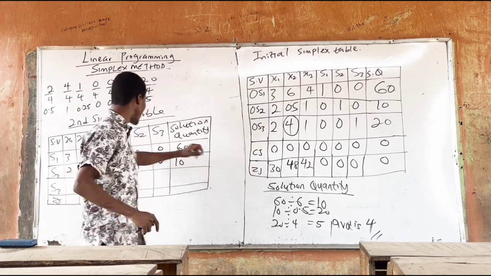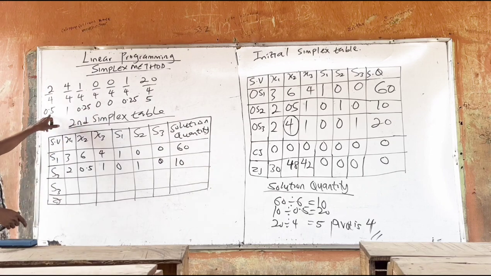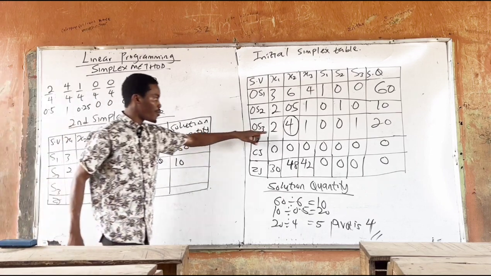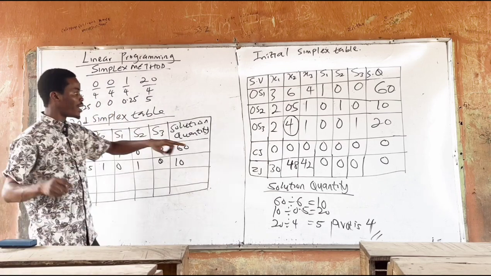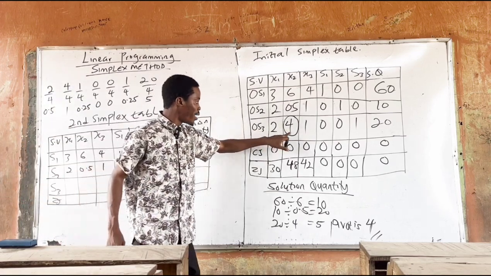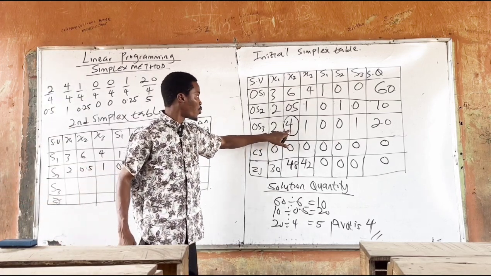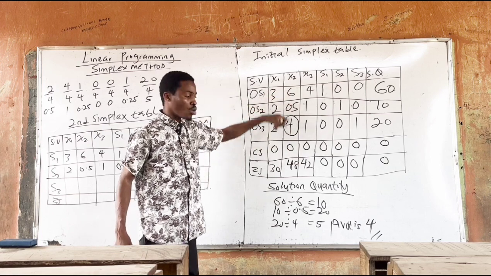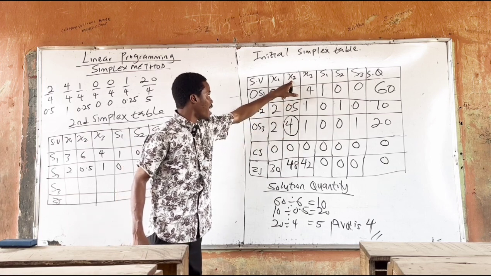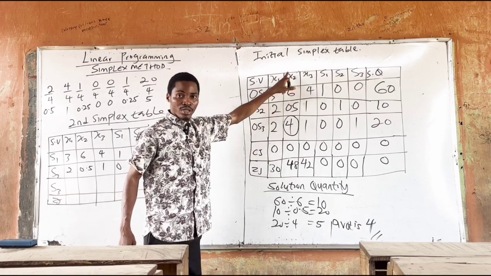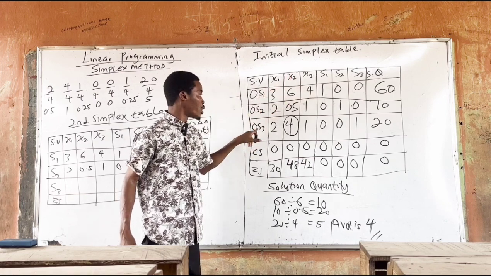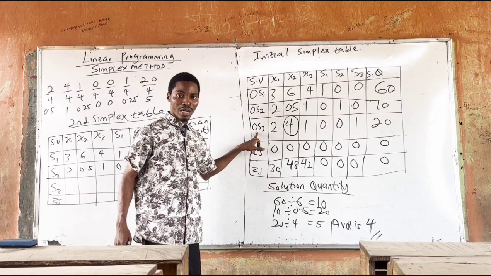My new pivot element is this. So I have to replace this pivot element, when I divide it by 4, by this element. So remember, this is S3. Where did the pivot element fall? It fell on the S2 column. It means I'm going to replace S2 here by this, so this variable will replace S2. I'm not going to write S3 again.